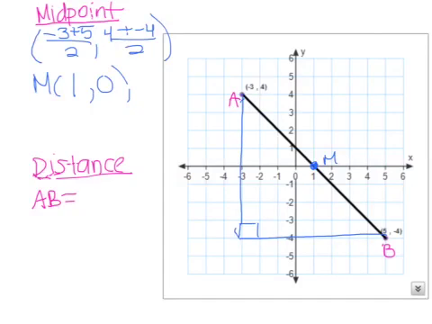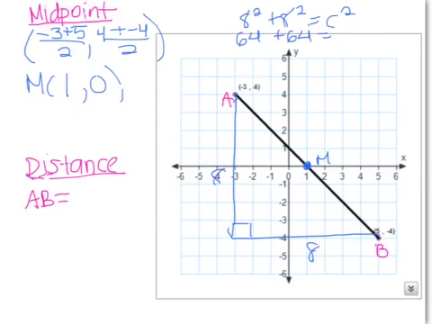You can see the bottom side is 1, 2, 3, 4, 5, 6, 7, 8 boxes long. The left-hand side, 1, 2, 3, 4, 5, 6, 7, 8 as well. 8 squared plus 8 squared equals c squared. 64 plus 64 equals c squared. 128 equals c squared.